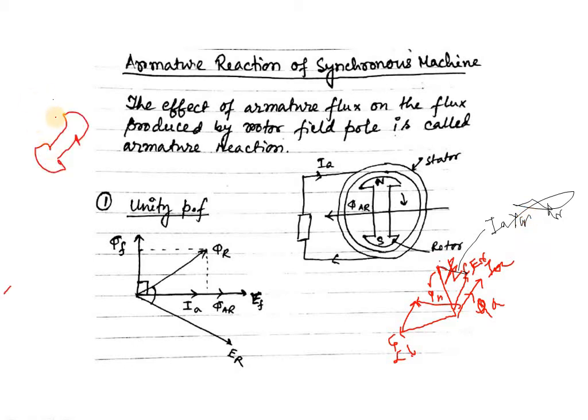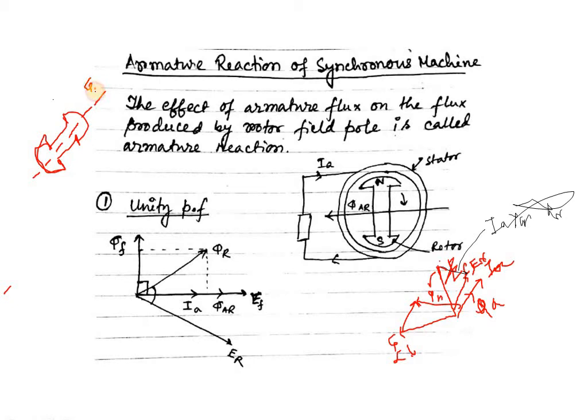Now let us consider the salient pole structure. This is the rotor construction, where the poles are projected outward like this. This is the salient pole structure. Now assume that some fluxes are flowing through this part, and this is the field axis, and phi f will be along this line.